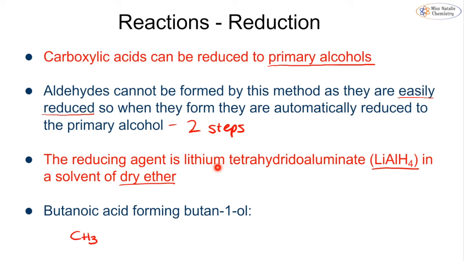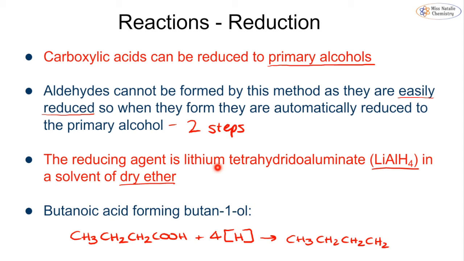So we have our CH3, CH2, CH2, and then our carboxyl group, plus our reducing agent, and this is a two-step reaction, so we require 4 hydrogens being added in total, and we're adding a hydrogen to the oxygen and the carbon of the carboxyl group. So we've got our CH3, CH2, CH2, CH2OH, plus, of course, water.